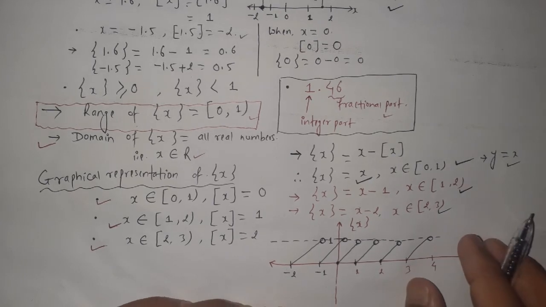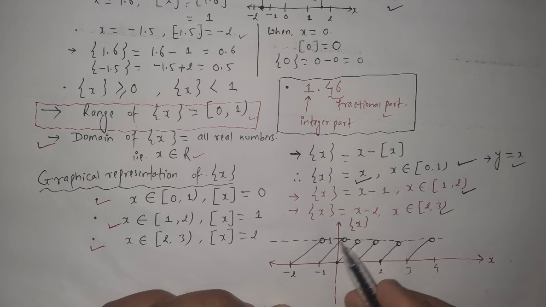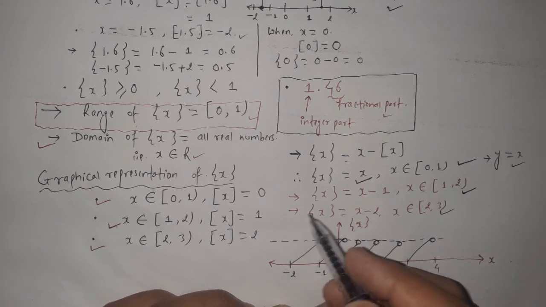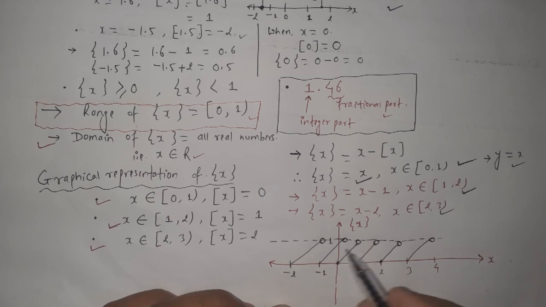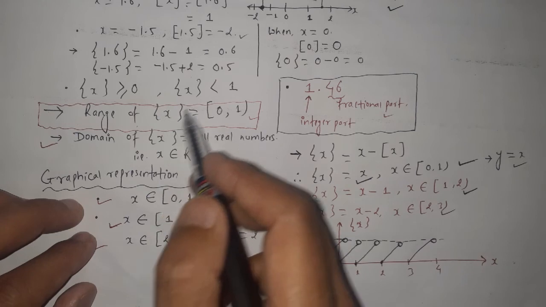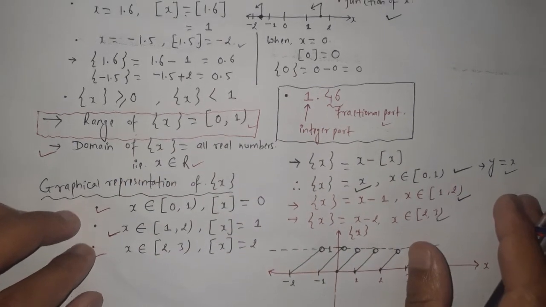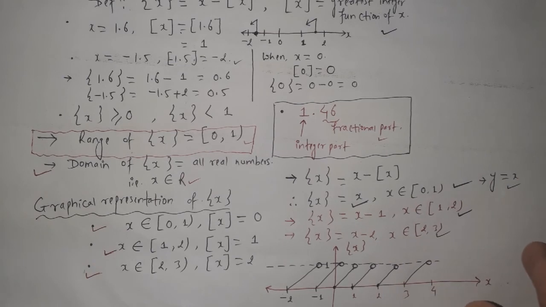These graphs represent the fractional part. Please remember the points. The fractional part function is always less than 1. It ranges from 0 to less than 1. The fractional part function is not a negative value. There will be no negative value for the fractional part function.